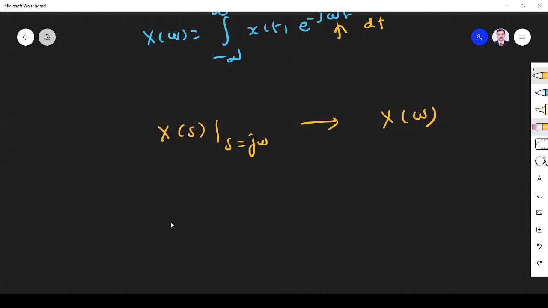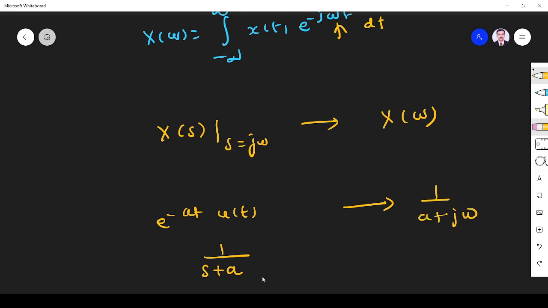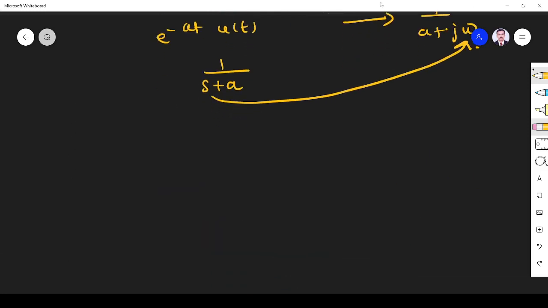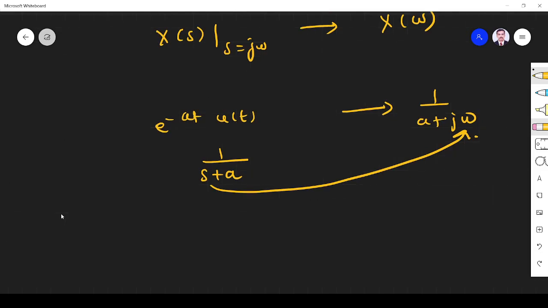We know e power minus a t u of t: its Laplace transform is 1 by s plus a, and its Fourier transform is 1 by a plus j omega. You see s is replaced by j omega. So if you want to find the Fourier transform, first find the Laplace transform, replace s by j omega, and we can get the Fourier transform simply, right?